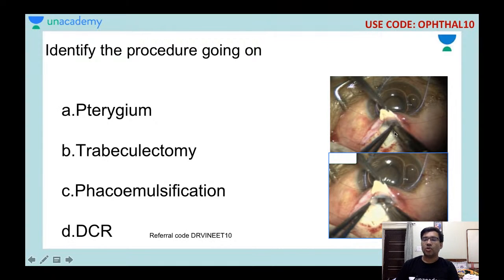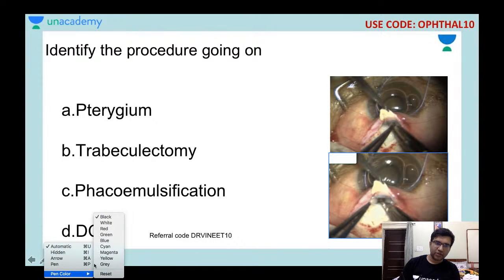So we are making an alternate pathway for the aqueous humor to flow into the subconjunctival space so that you can have a reduced intraocular pressure. What is this surgery which is going on?